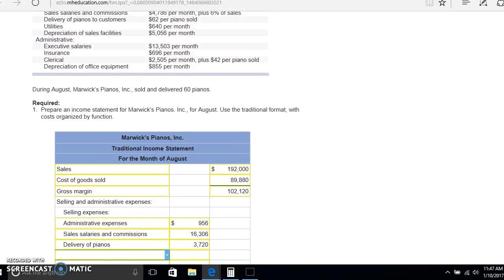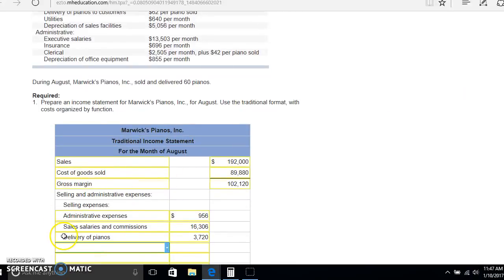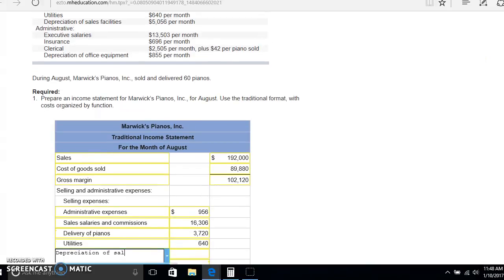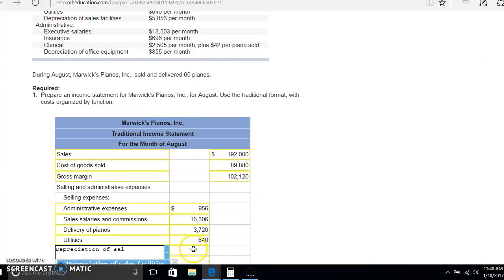The next item on here is utilities, and that's going to be $640 per month. The next one is depreciation of sales facilities, and that's $5,056.